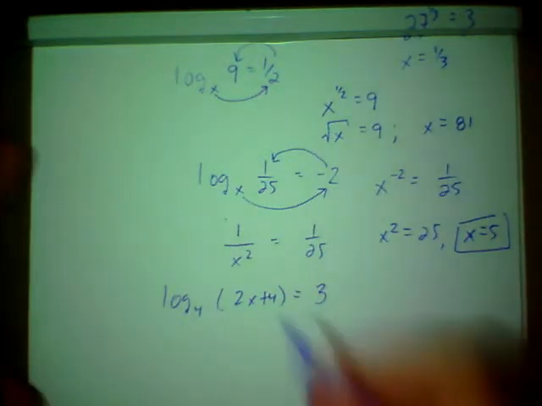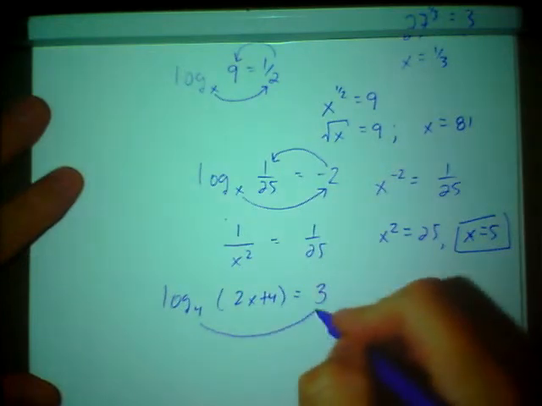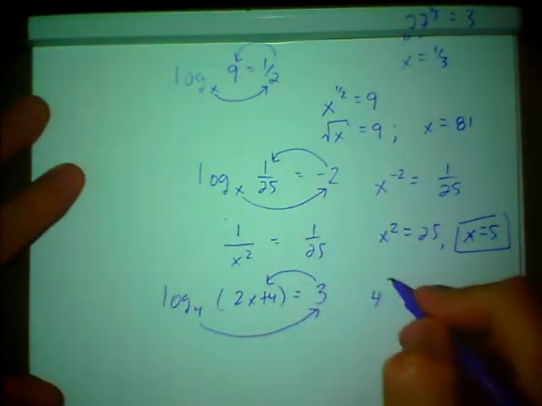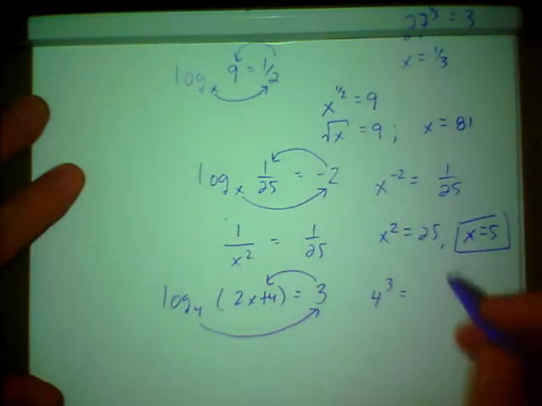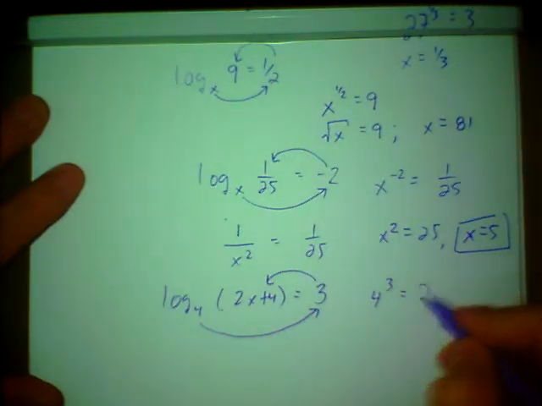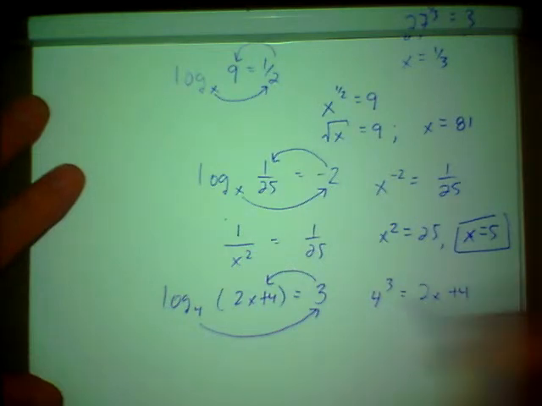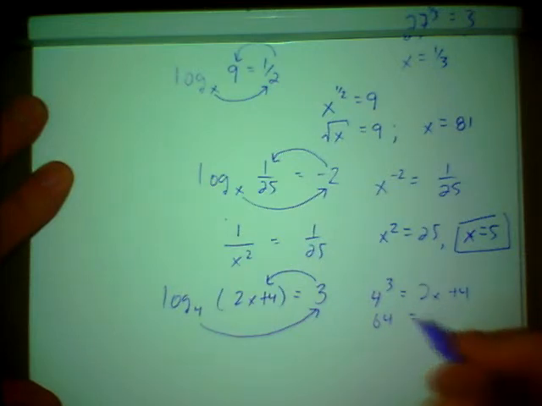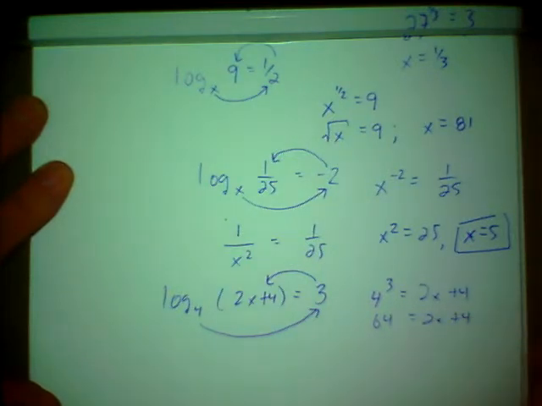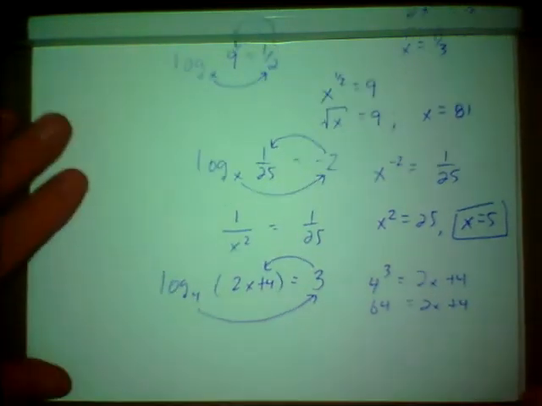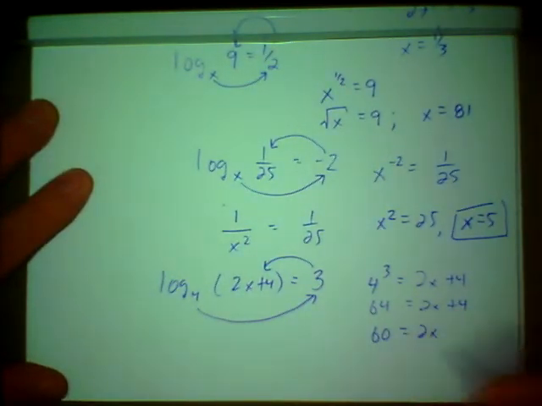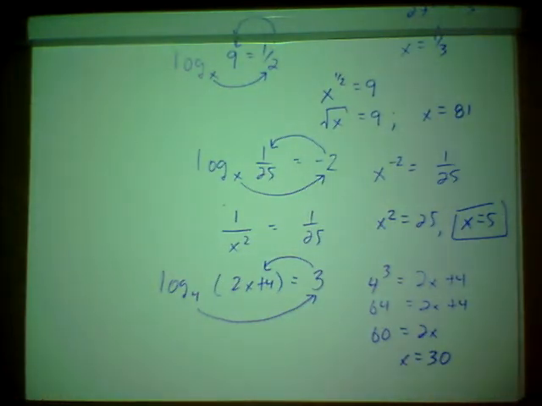So we're going to use our little shortcut and write this as an exponent. 4 to the third equals 2x plus 4. 4 to the third is 64. 64 equals 2x plus 4. We subtract 4 from both sides. 60 equals 2x. Looks like x equals 30.